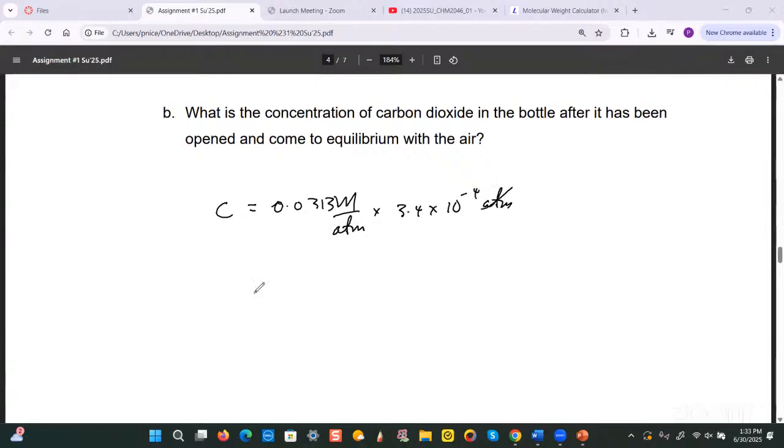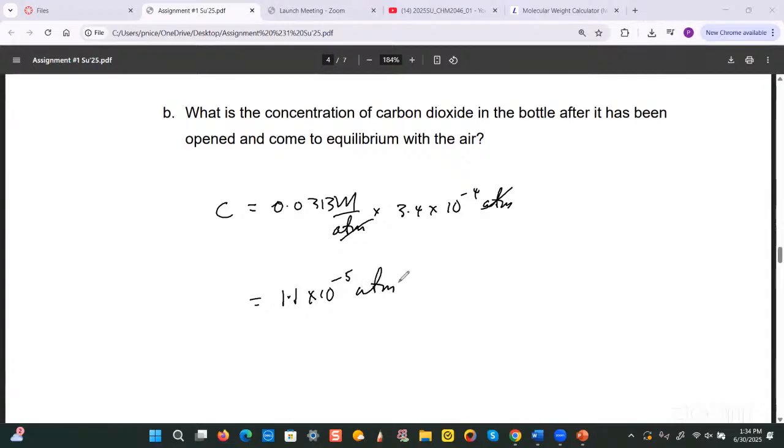The atmospheres will cancel. So let's see what that gives: 0.0313 times 3.4 times 10 to the minus 4. According to my calculation, this works out to be equal to 1.1 times 10 to the minus 5 atmospheres.